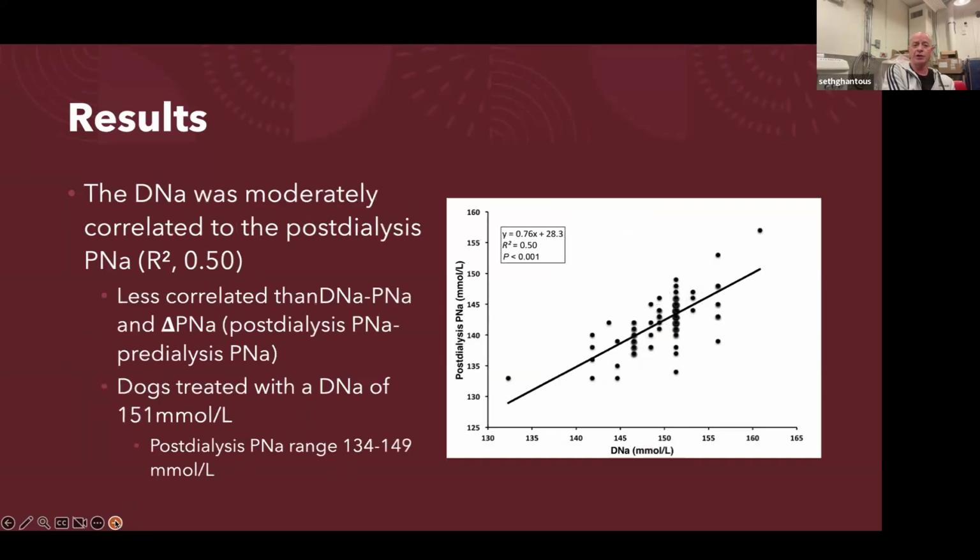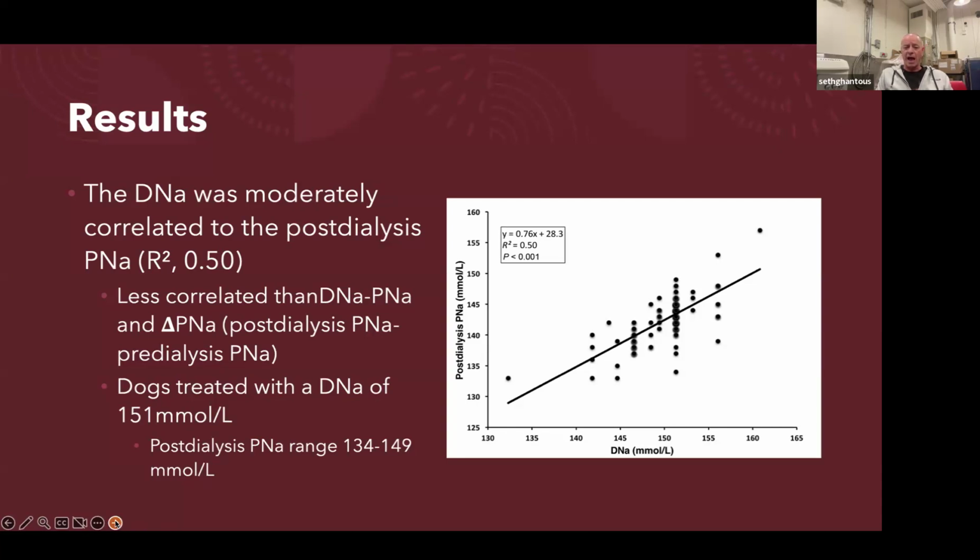The dialysis sodium was moderately correlated to the post-dialysis plasma sodium, with an R-squared value of 0.5. Again, less correlated than the pre-dialysis gradient.